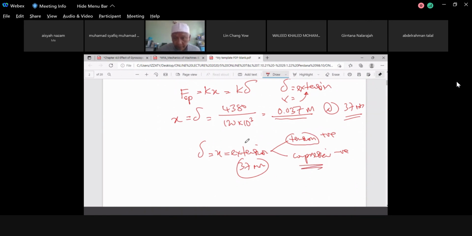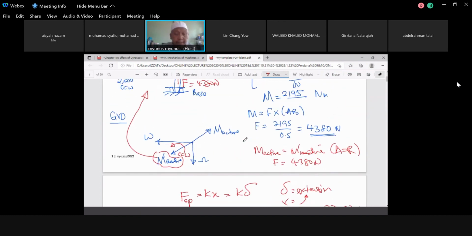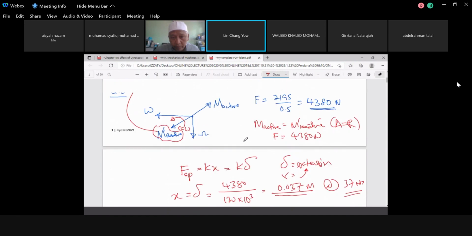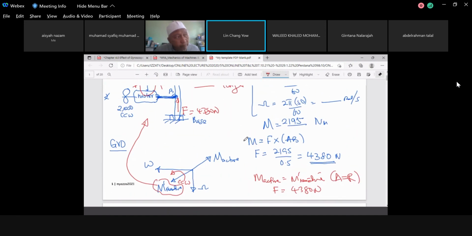Okay. Any question? Yes. For the car, the M active will be the action on the wheel and the engine, and the M reactive will be the action on the vehicle body.